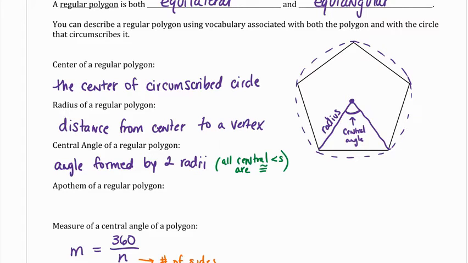The apothem of a polygon is not one of our radii. Apothem is where we go from the center and we make it perpendicular to a side. That is our apothem. So it is the perpendicular distance from the center to a side.